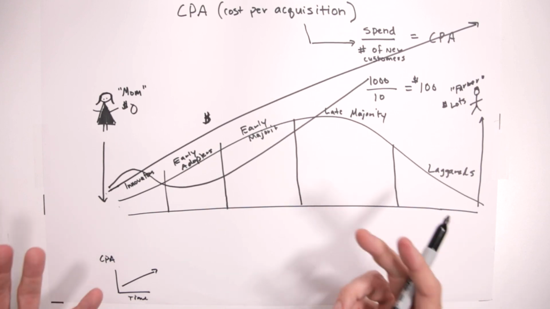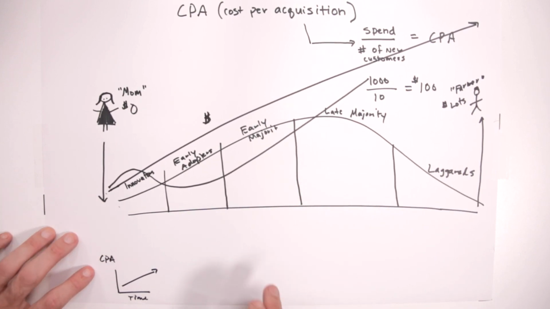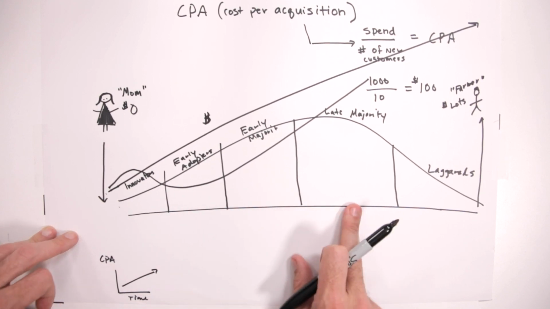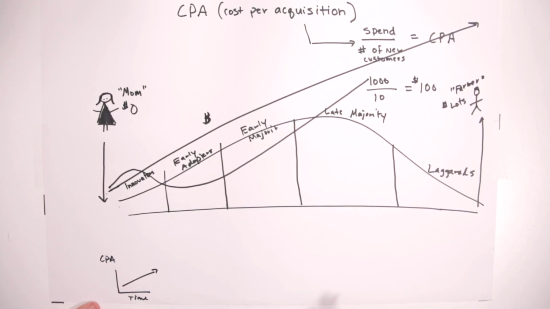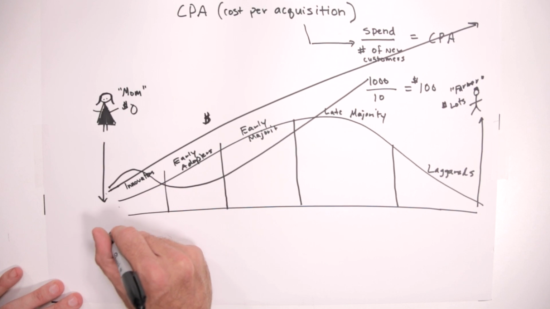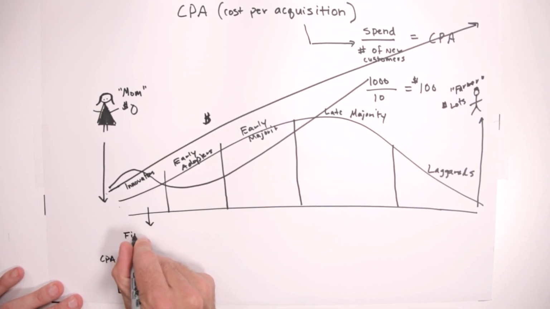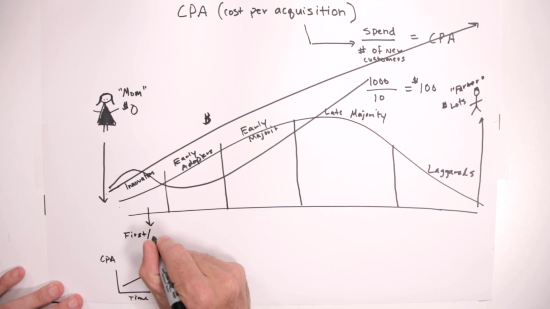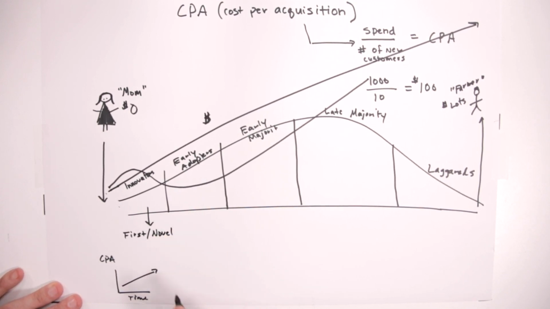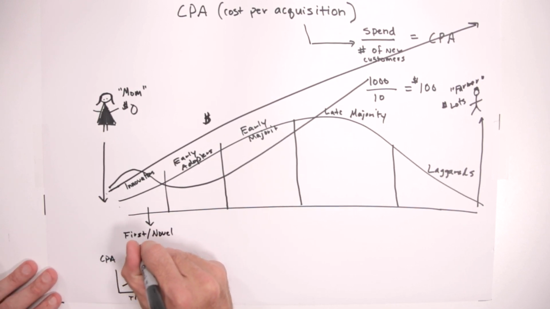Well, why does that happen? It has to do with what is required from each group to make a decision about your product. If you think about the types of creative that each of these groups want, these people want to be first. They want to be novel. They don't like advice from other people. They want to discover.